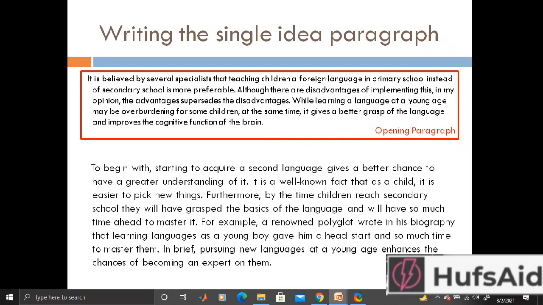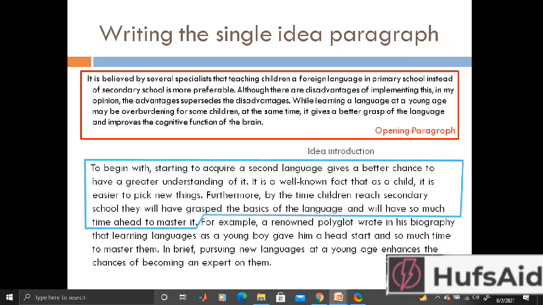For example, a renowned polyglot wrote in his biography that learning languages as a young boy gave him a head start and so much time to master them. In brief, pursuing new languages at a young age enhances the chances of becoming an expert on them. So here you can see that this is the idea introduction.